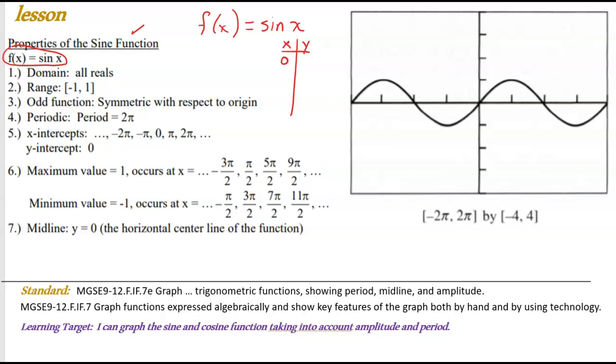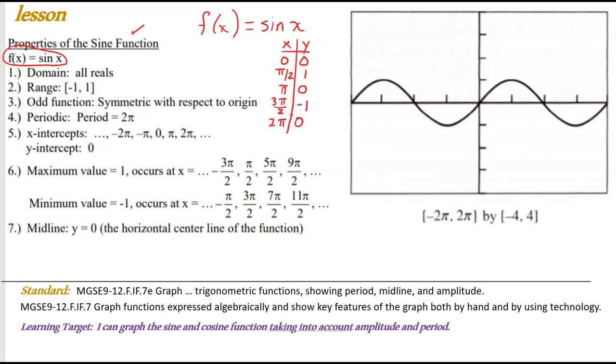If you plug 0 in, sine of 0 on the unit circle is 0. Sine of pi over 2, if you plug pi over 2 in, you get out 1. Sine of pi, also 0. Sine of 3 pi over 2, negative 1, and then sine of 2 pi is 0 again.